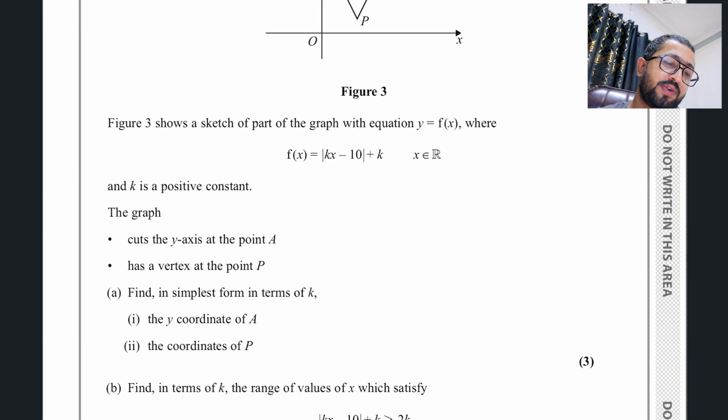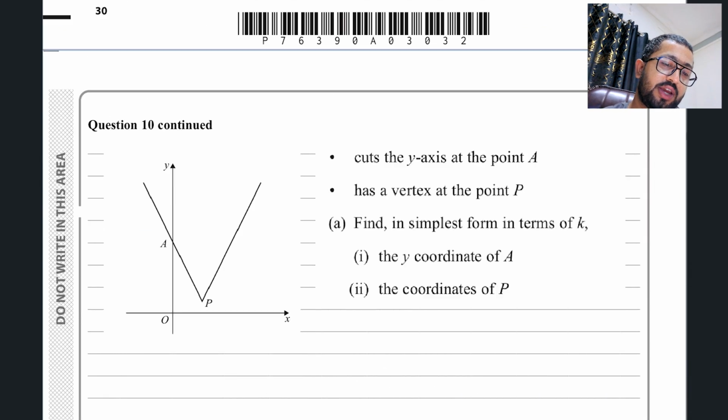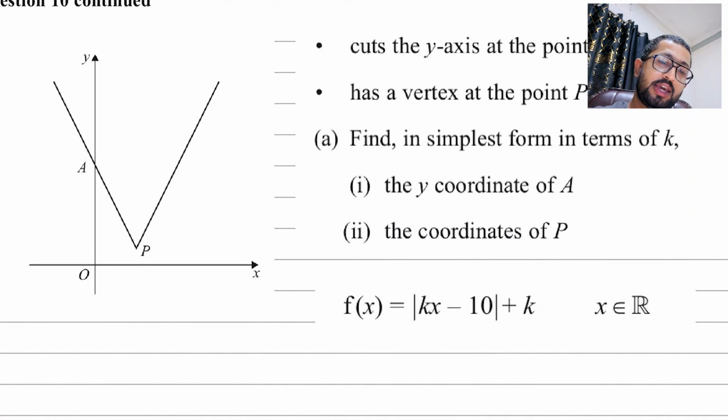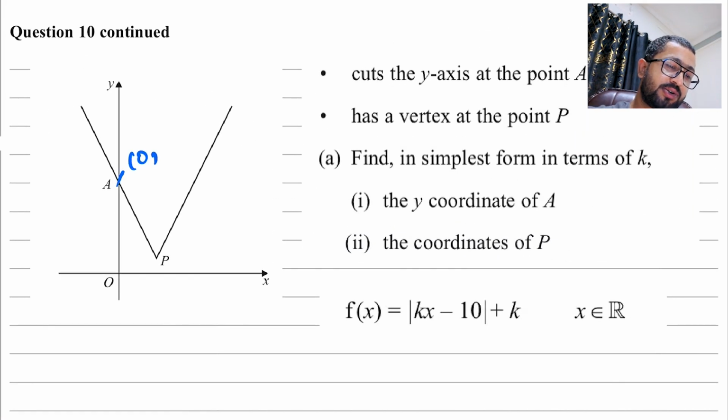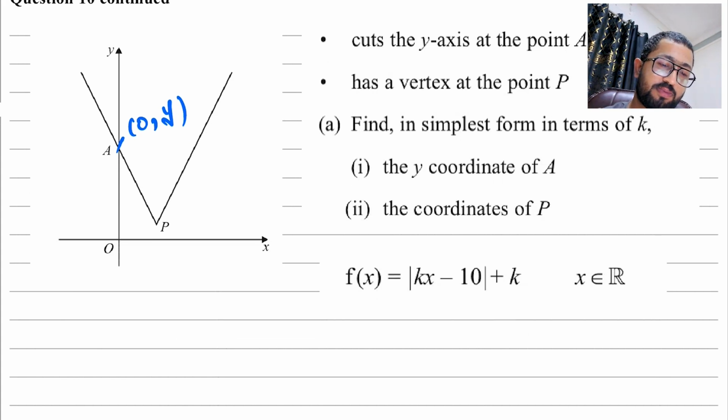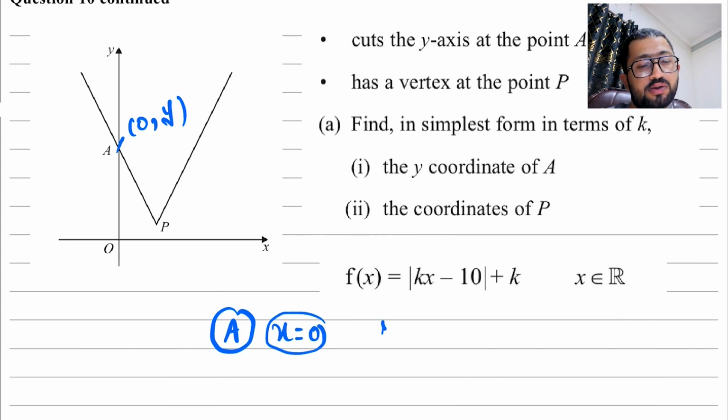Yes, bacha log, how can we figure out the coordinates of A point? Very easy. A point has x coordinate 0, obviously because it lies on the y-axis. So for A point, put x equal to 0 into this function.